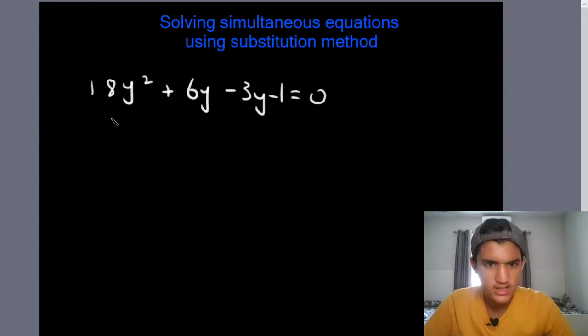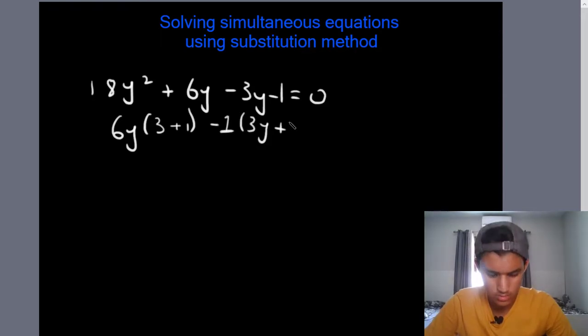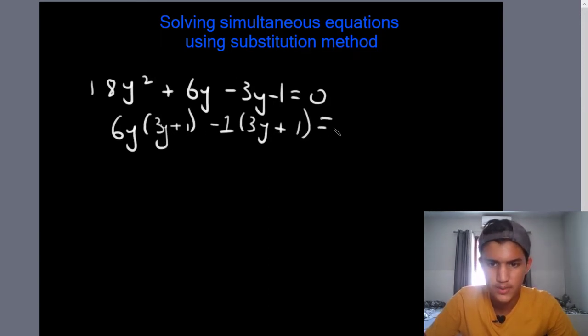We're going to take 6y common, 3y plus 1, and then minus 1 common, so 3y plus 1 over here as well.